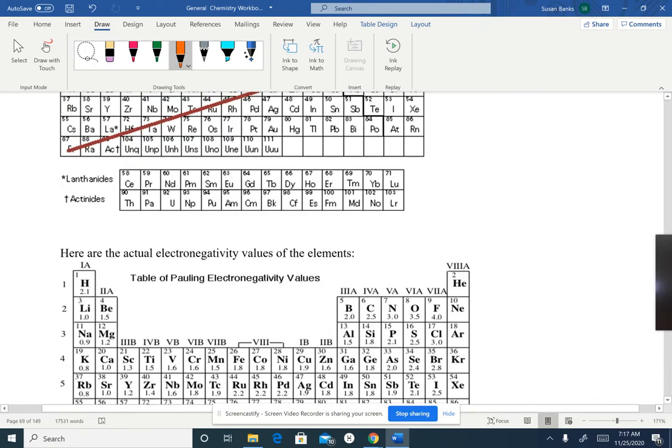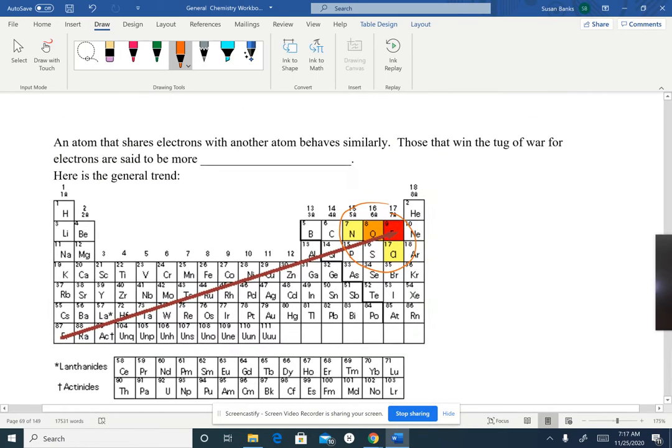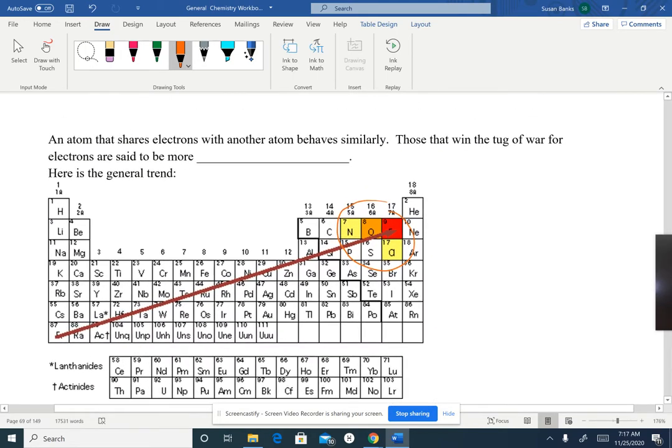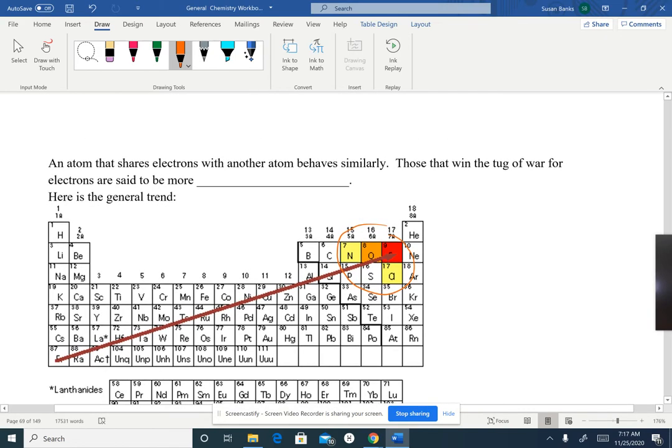An atom that shares electrons with another behaves similarly. So we're going to compare these atoms and see what kind of a tug of war we have going on. Those atoms that win the tug of war for electrons are said to be more electronegative.